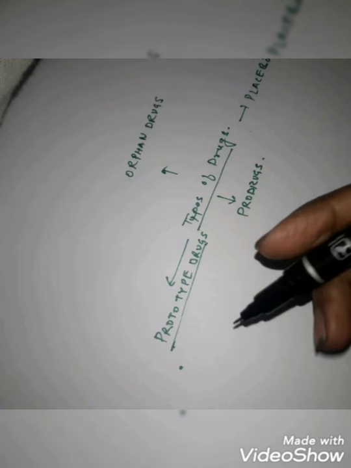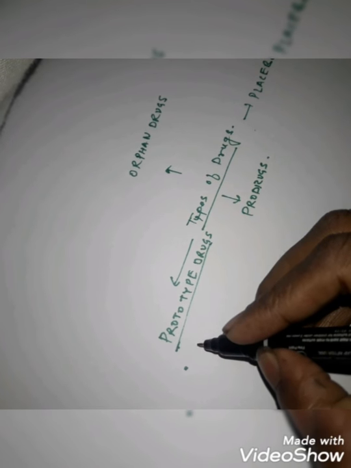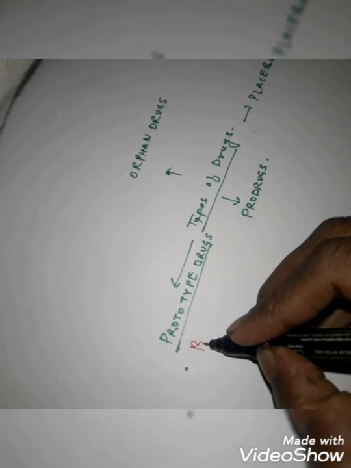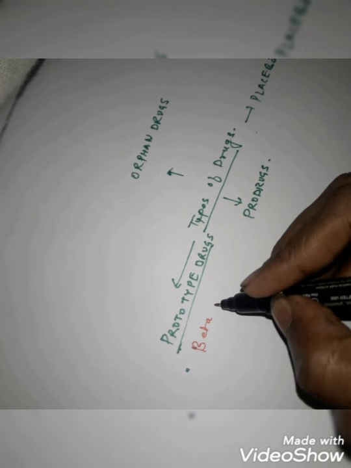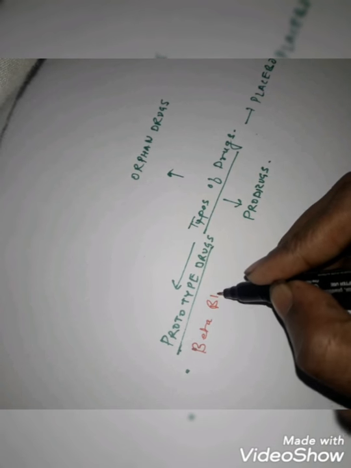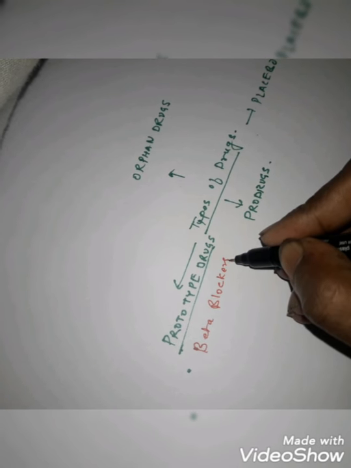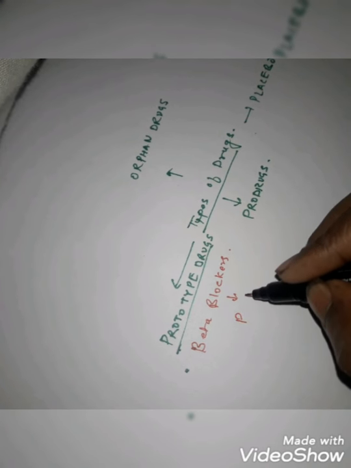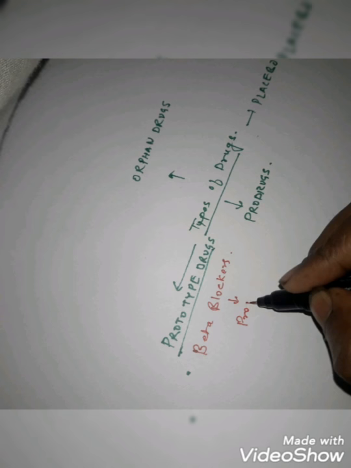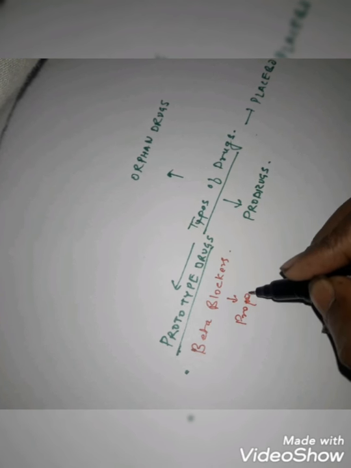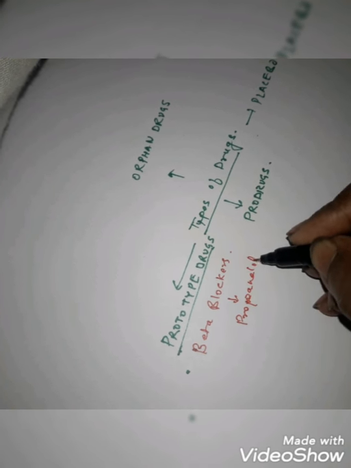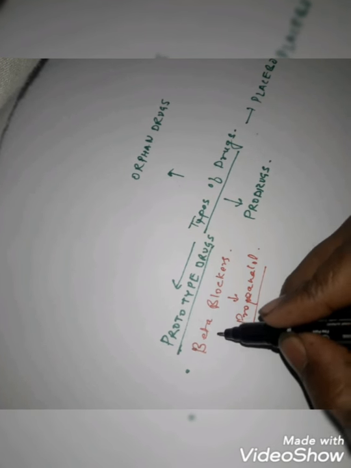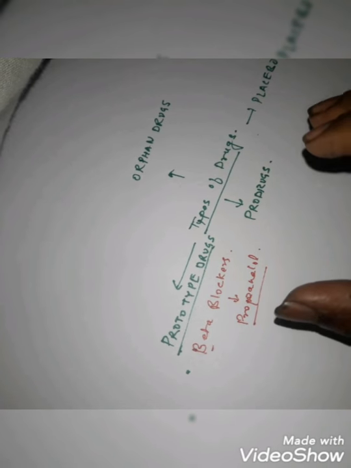For example, beta blockers are a class of drugs, and the best example is propranolol.